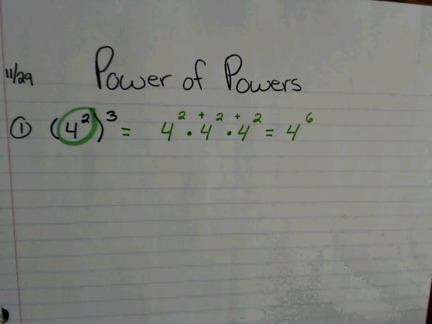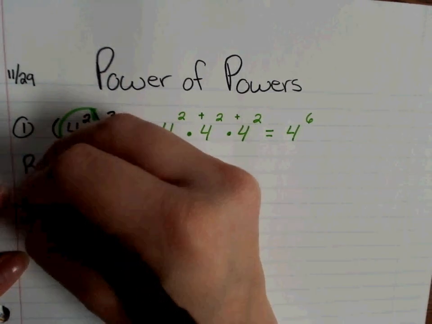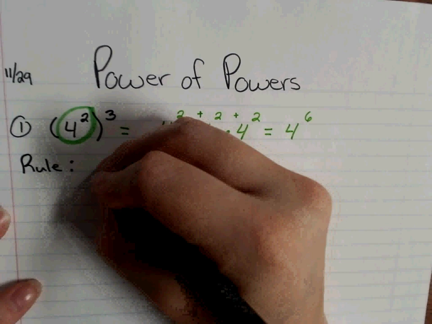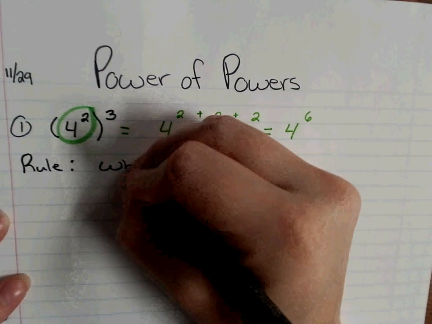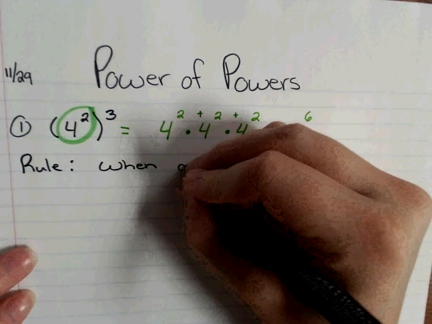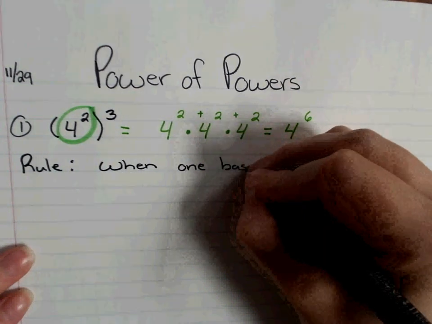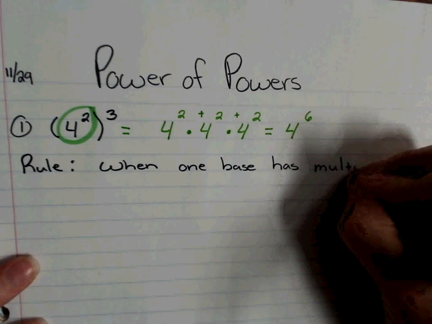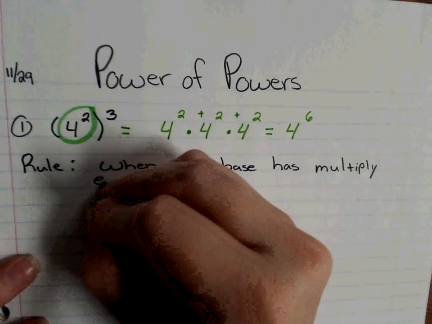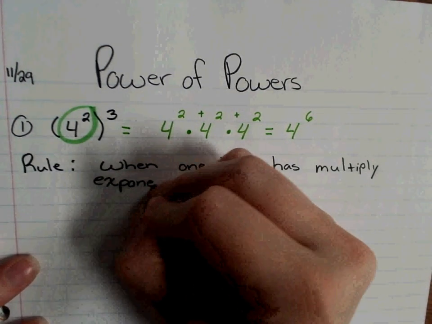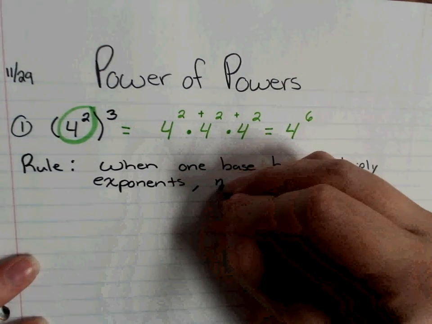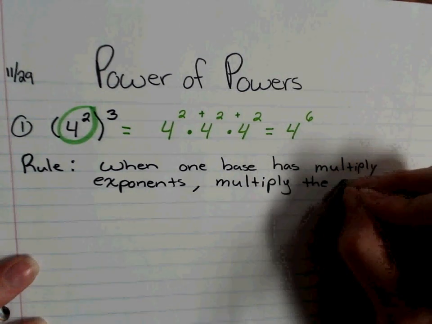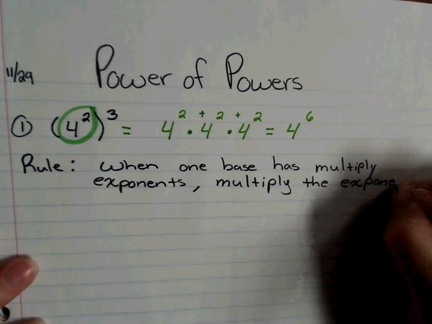Okay, so here's our rule. When one base has multiple exponents, you're going to multiply the exponents and keep the base.